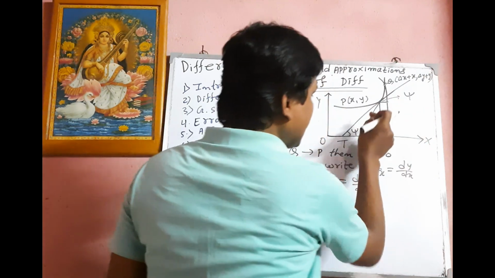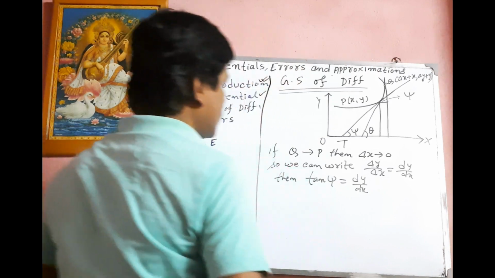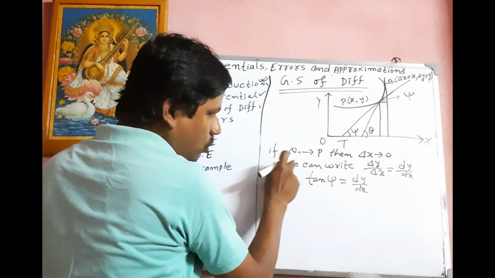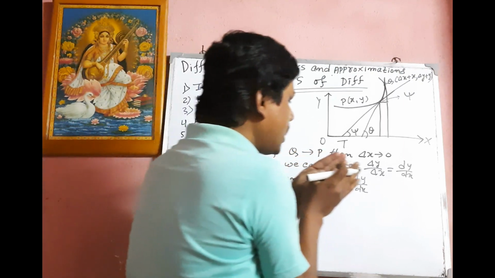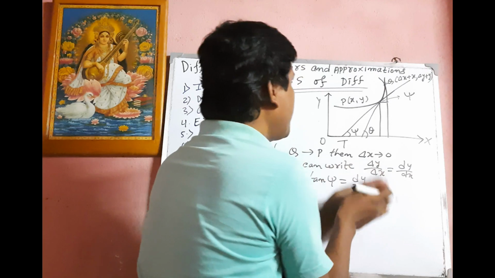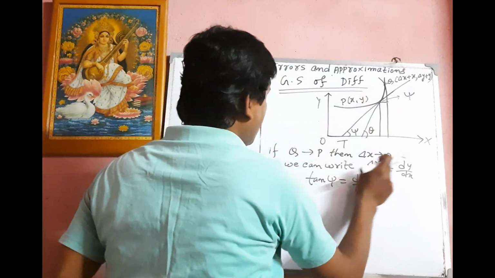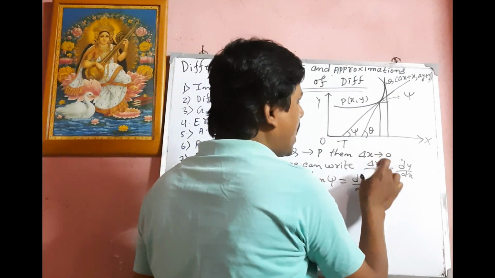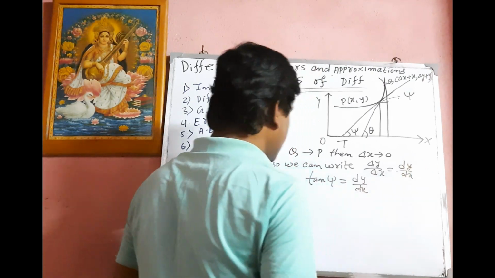Here delta x and delta y are small increases. If Q gradually approaches P, then delta x tends to 0, and in that case we can write delta y by delta x is equal to dy by dx.